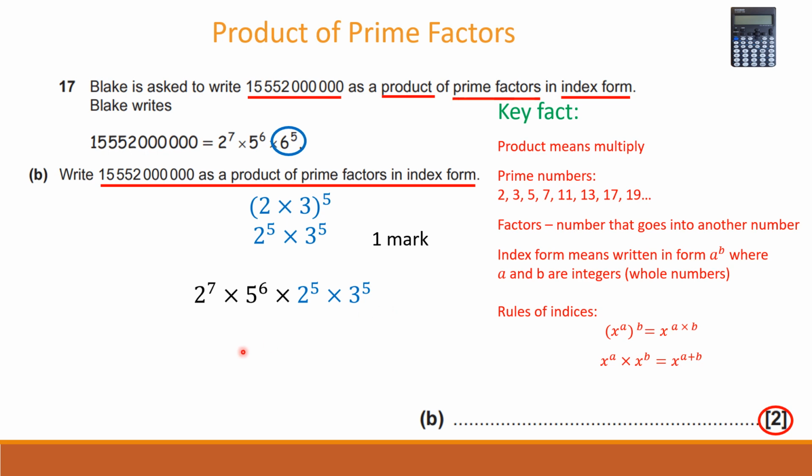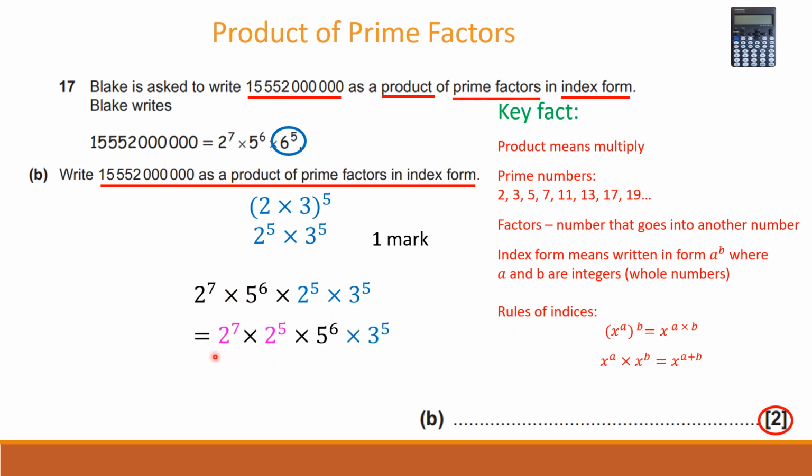Now you'll notice that two of these numbers are the same, the two 2s. So we're now going to use my second rule, where x to the power of a times x to the power of b is x to the power of a plus b, where x is the value 2 because the 2s are the same, a is 7 and b is 5.